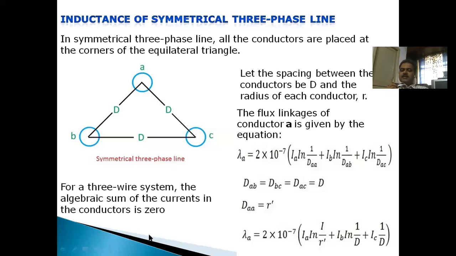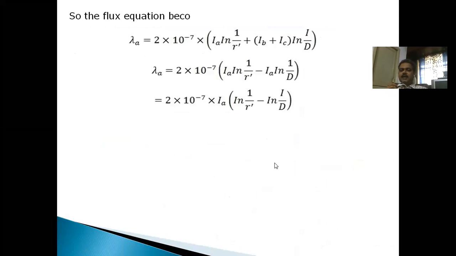What is I_B plus I_C? From the algebraic sum of currents being equal to 0, I_A plus I_B plus I_C is equal to 0 in a three-phase system, so I_A is equal to minus of I_B plus I_C. Taking ln 1 by D as common and substituting I_B plus I_C equal to minus I_A, okay, is it clear?